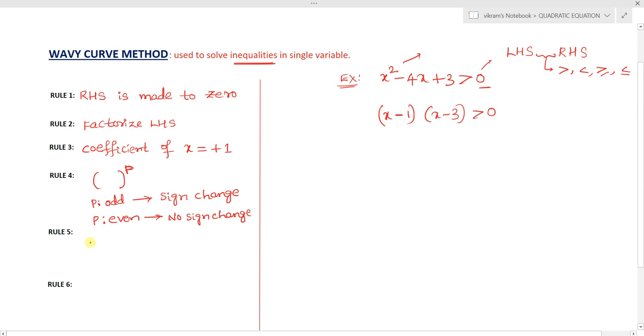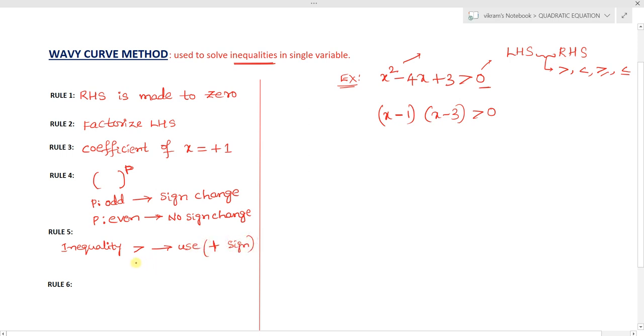Now the rule 5: check the inequality. If the inequality is greater than, then we have to use the plus sign.